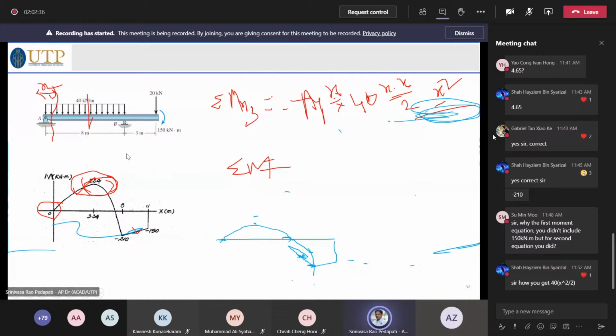So if you have a distributed load, for example, this is the area, this is the distributed load with x as the length. So what is the load that is acting here? The resultant of this load is acting at x by 2 and its magnitude is Wx.